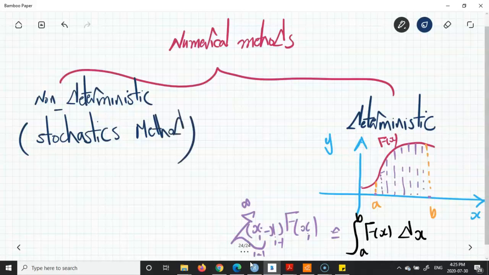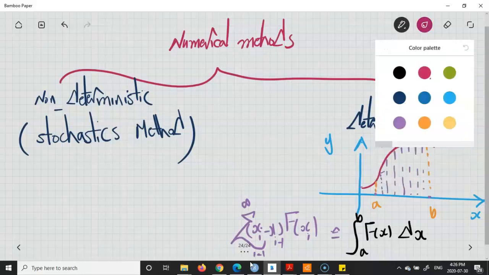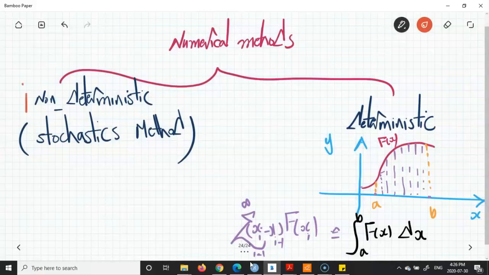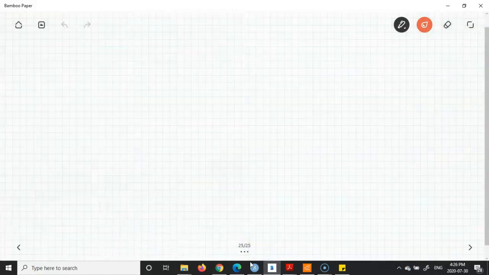As you will see in the discussion that I'm going to have in just a couple of seconds, you get to understand why these methods are named non-deterministic methods for numerical computation of the values of integrals.